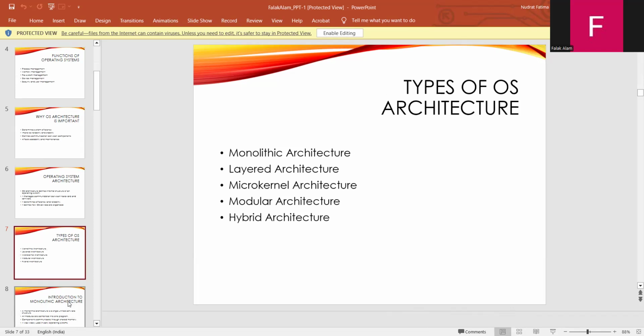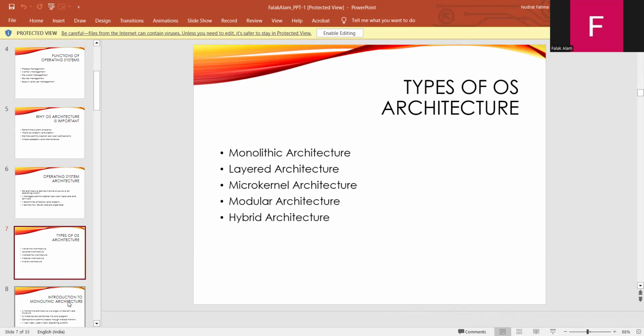Now moving to the second type, that is layered architecture. In this layered architecture, the operating system is divided into different layers, and each layer performs specific functions and communicates with the adjacent layer.